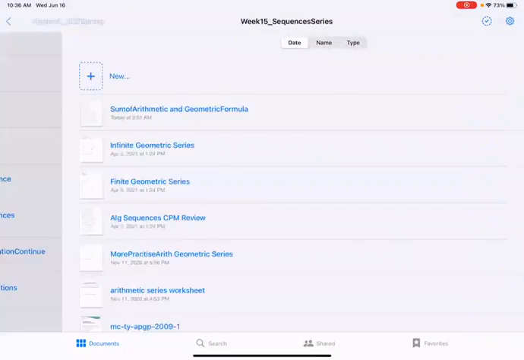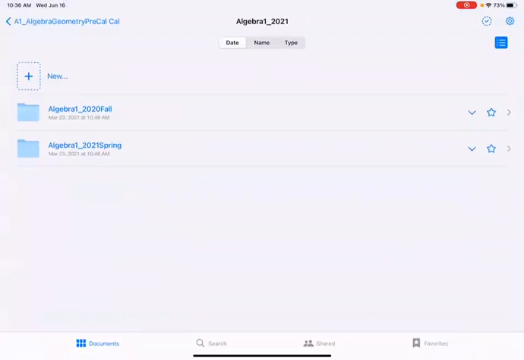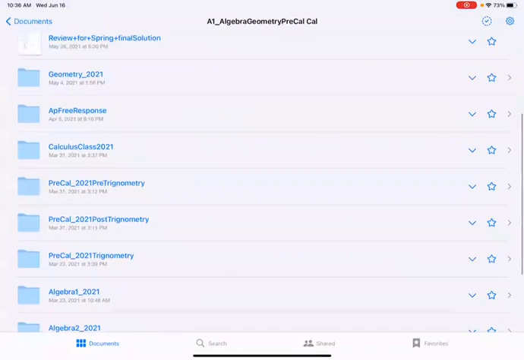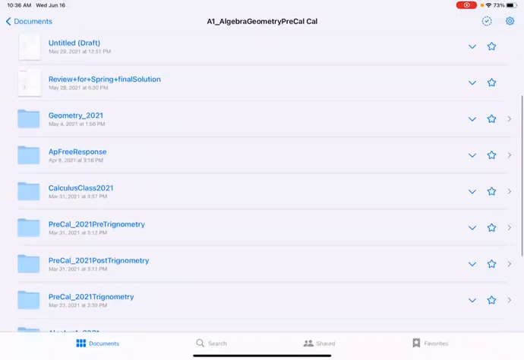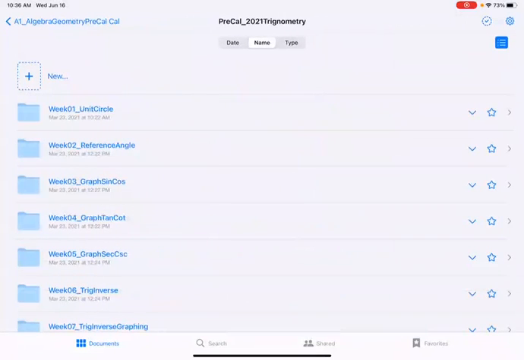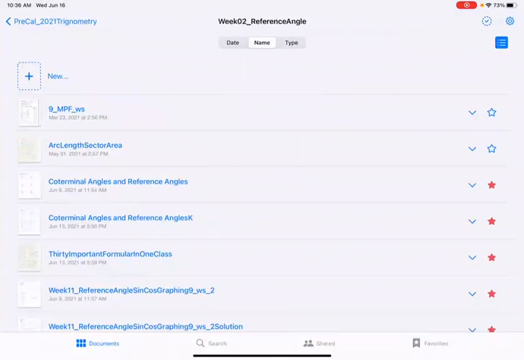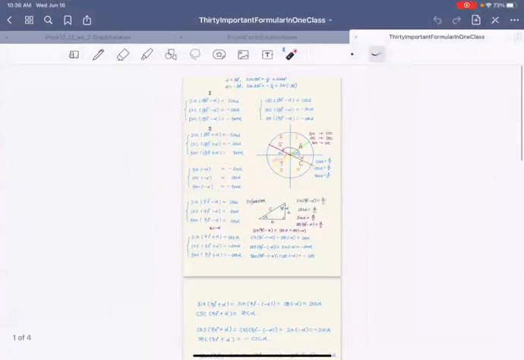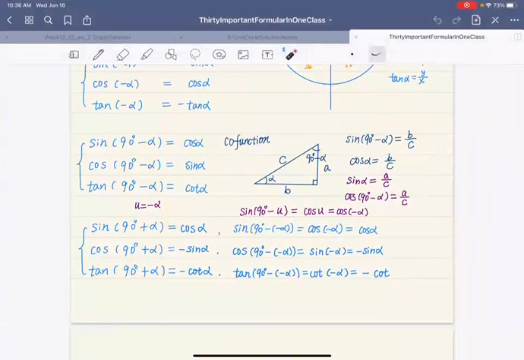Remember the 30 formulas. When we learn about this part, two angles have the relationship of complementary.